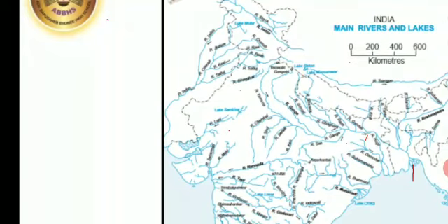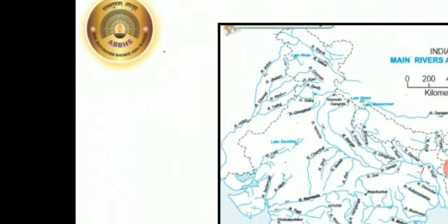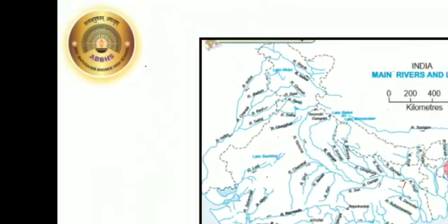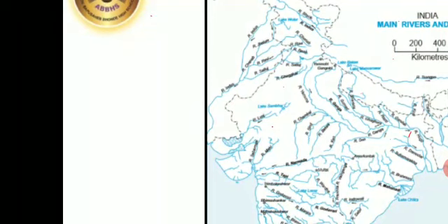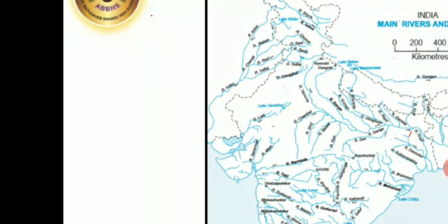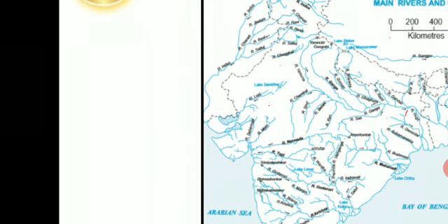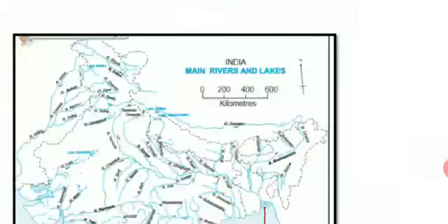Jhelum, Chenab, Ravi, Satluj are the tributaries of river Sindhu. River Sindhu flows through India, through Pakistan and meets the Arabian Sea. It is a westward flowing river.